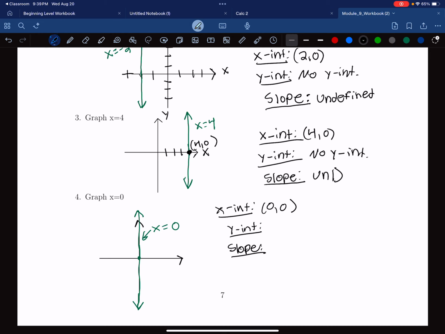And then for our y-intercept, you might think, the line's on top of the y-axis, right? But there's not a single point where this line intersects the y-axis. So that means that this line has infinite y-intercepts.